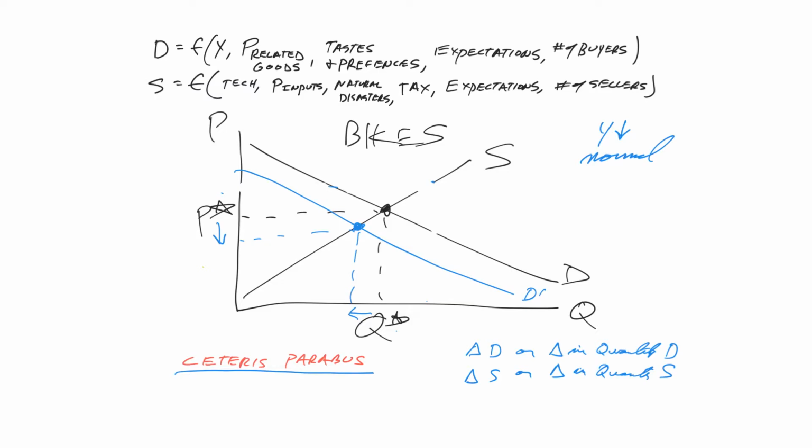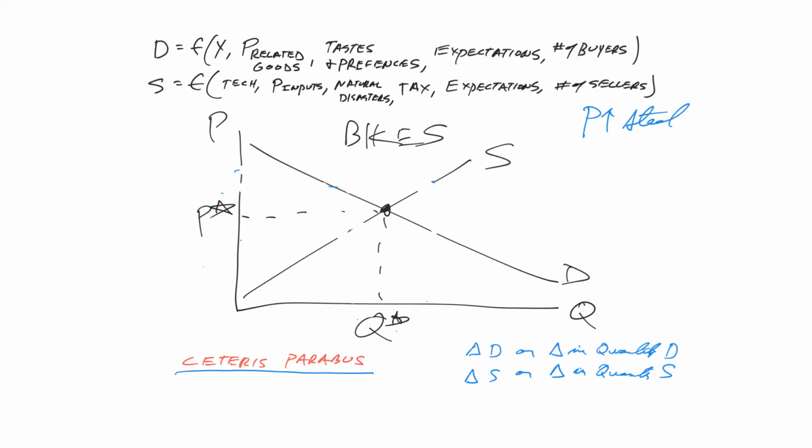Okay? Now, let's suppose that there was an increase in the price of steel used to make bicycle frames. So there's a price increase in the price of steel. That's an E. And it says the steel is used to make bicycle frames.